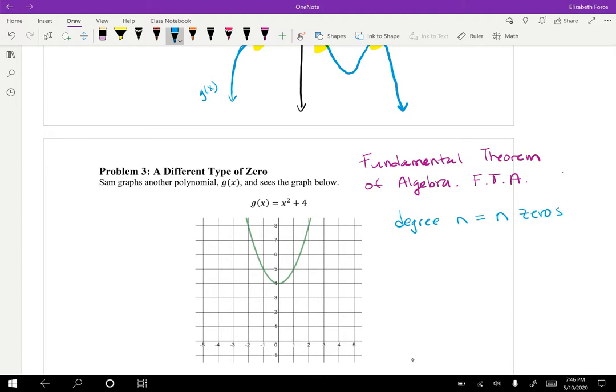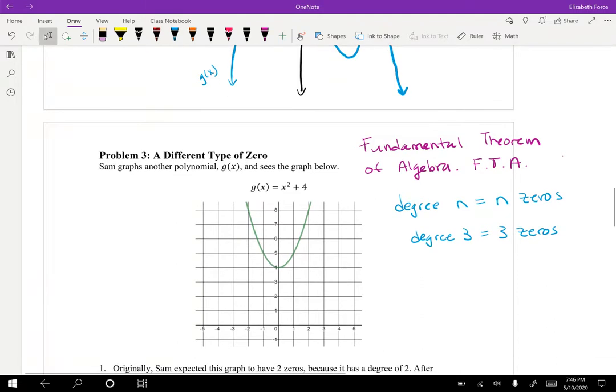If you are degree 3, I should see 3 unique zeros. If you are degree 5, you should have 5 zeros. Degree 6, 6 zeros, on and on.